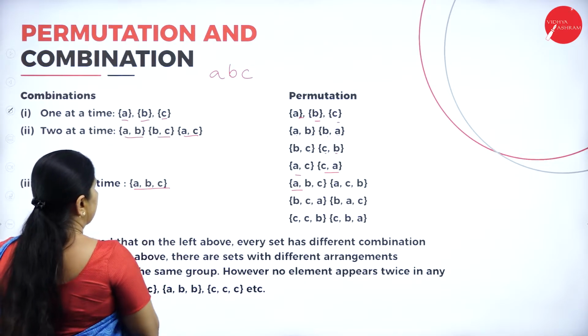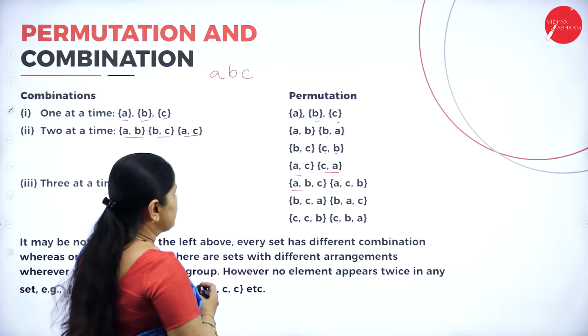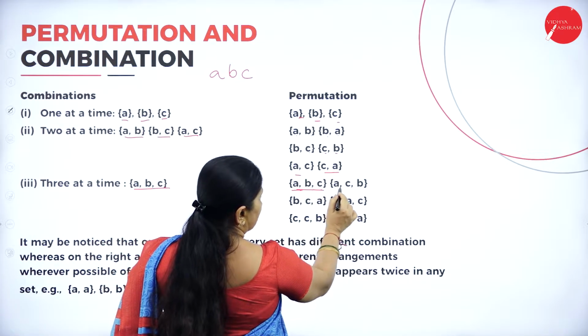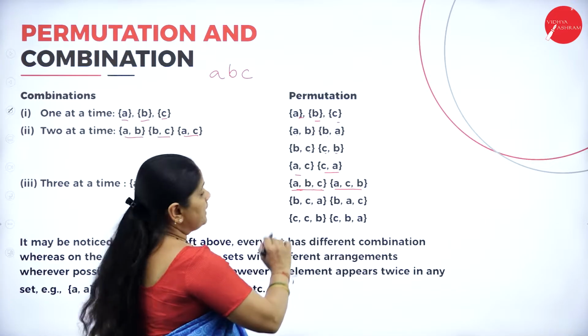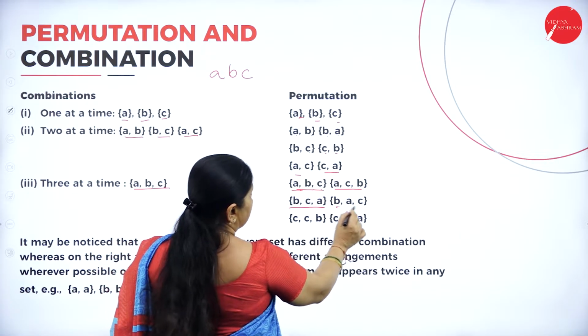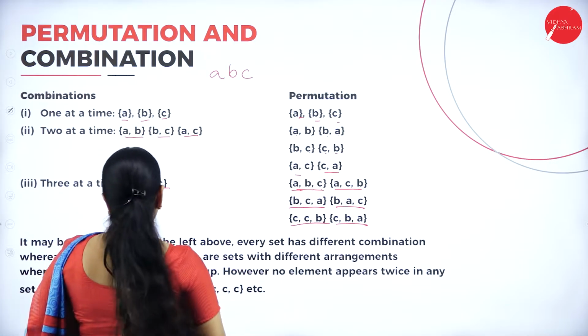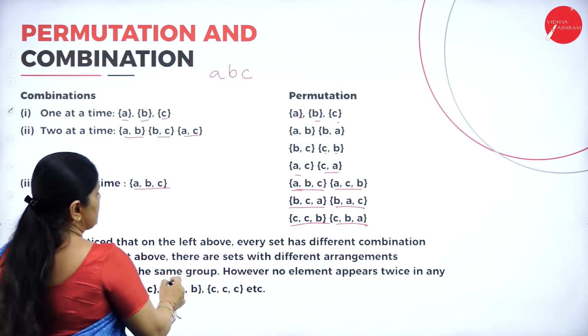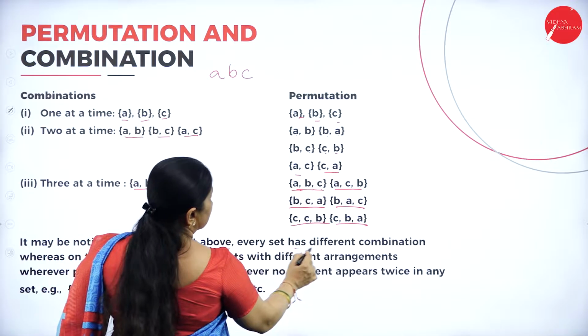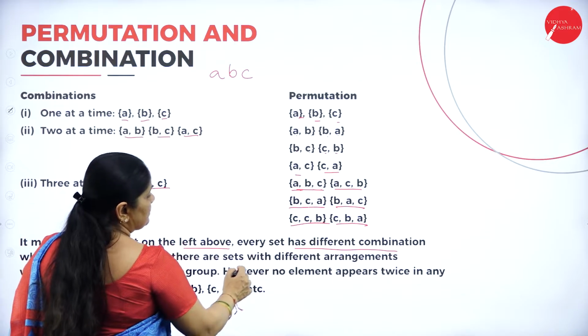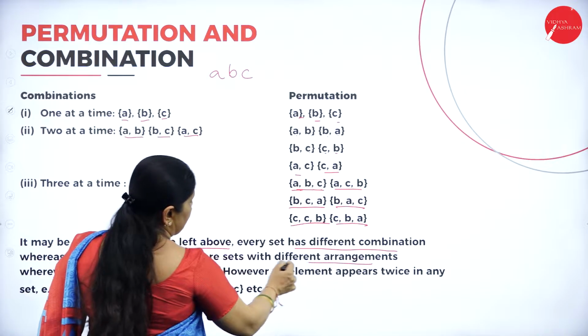Now, if I take 3 at a time, A, B and C, you can see here A B C is one arrangement. A C B is a different arrangement. B C A, B A C, C A B, C B A. Each of them is different. So it may be noticed that on the left above, every set has a different combination, whereas on the right above, there are sets with different arrangements.